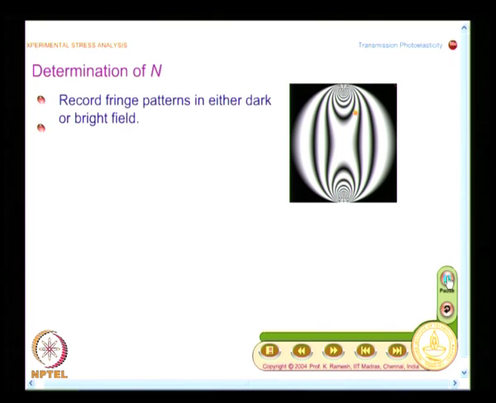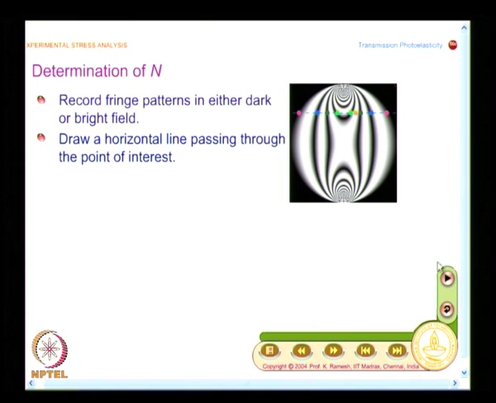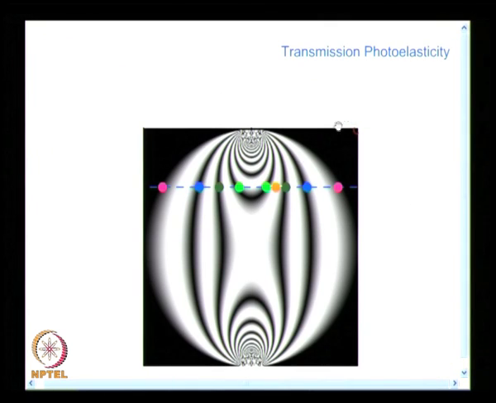So, what I am going to do is draw a horizontal line passing through the point of interest. So, I have several points that this cuts. So, what I have here is fringe order 0, 1, 2, 3, this is 3, then 2, 1 and 0. This I have been able to find out because I know for sure in the case of a circular disc, the outer boundary is the 0th fringe order.